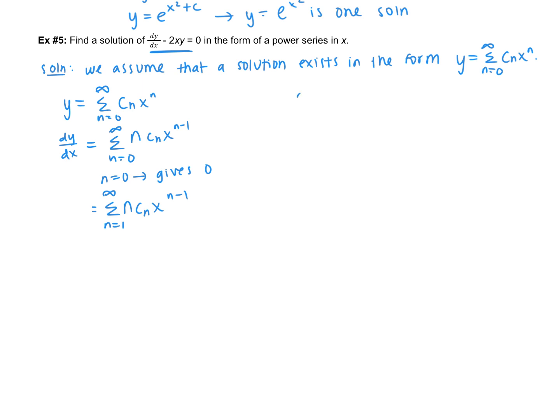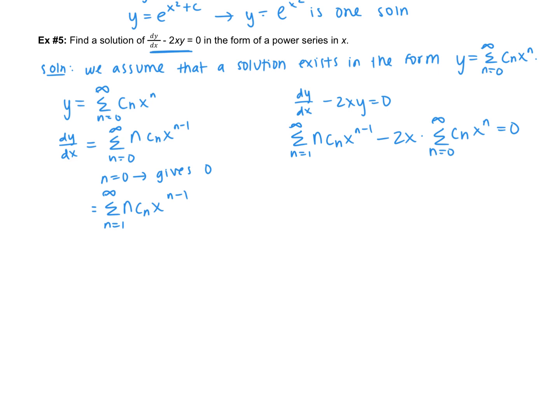So then what we're going to do is go back to that differential equation, and substitute in these two power series that we have. So that becomes the summation from n equals 1 to infinity of n cn x to the n minus 1, subtract 2x times the summation from n equals 0 to infinity cn x to the n, and all of that is equal to 0.